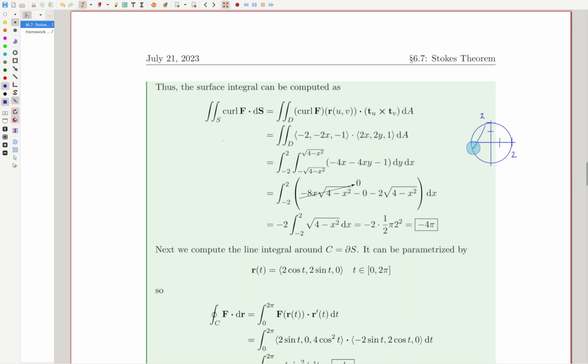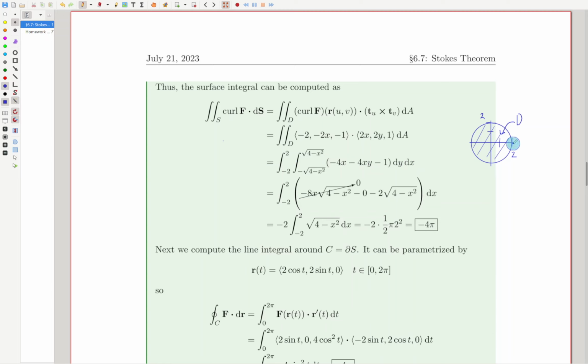So this is the domain D. Okay. And it's perfectly fine to do this in Cartesian coordinates rather than in polar. I wouldn't bother converting this thing at all. So that's what I've opted to do.